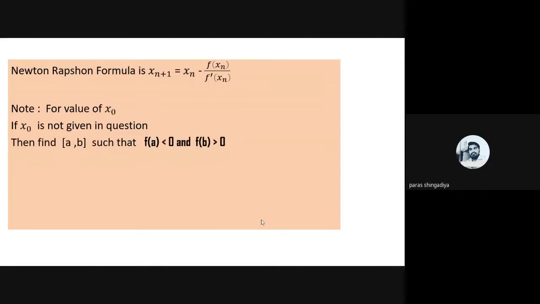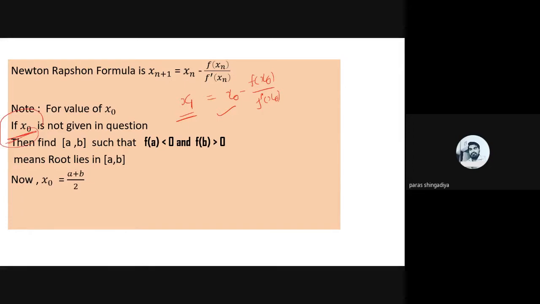In this formula, to find x1 we need x0. Without x0 we cannot derive x1. So if it is already given in the example, then use that value as x0, replace it in this formula, and find x1, then x2, x3, and so on. But if the value of x0 is not given in the example, how can we find it?